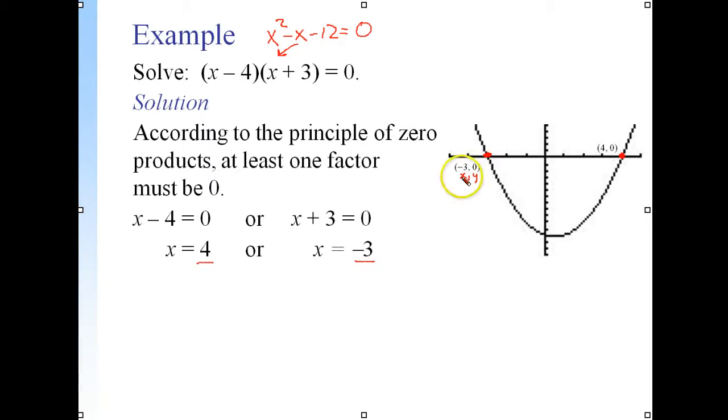Y is 0. X here is a negative 3. Right there. And here it's x and y again. X now is a 4. Right there. So what we're doing here is finding the zeros. That is, what are your x-intercepts?